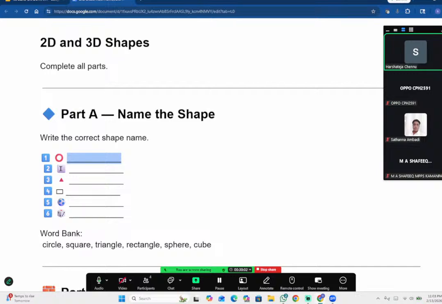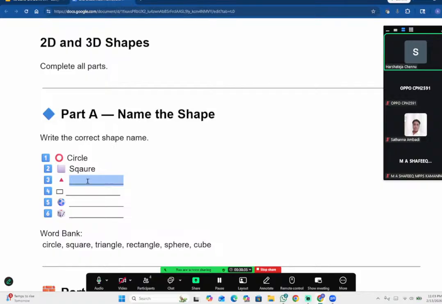There are no corners, no sides, so we would call this a circle. Second one. Four sides, 4 corners, 4 equal lengths. We would call this a square. Third one. 3 sides, 3 corners.